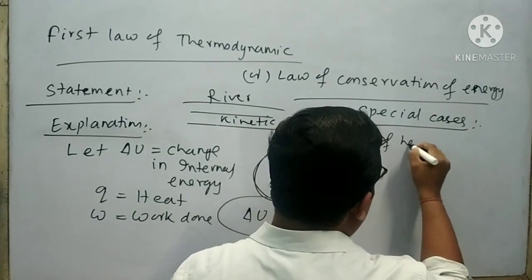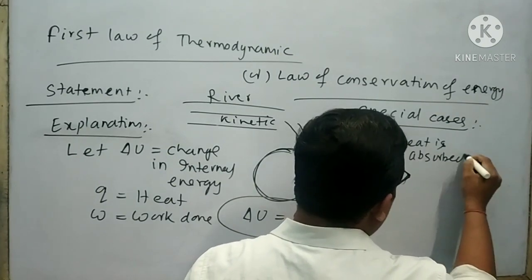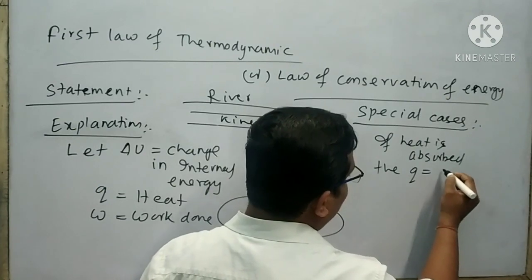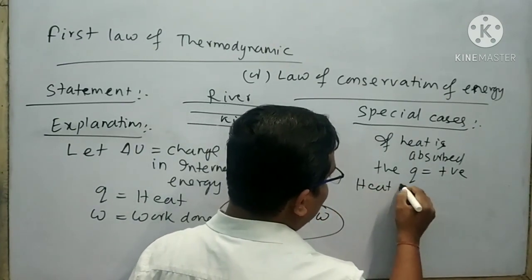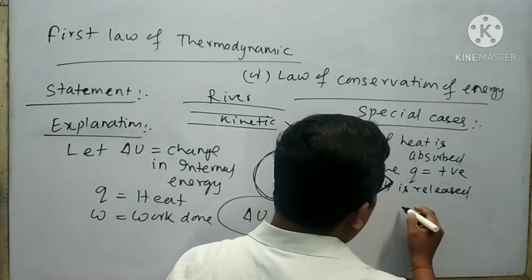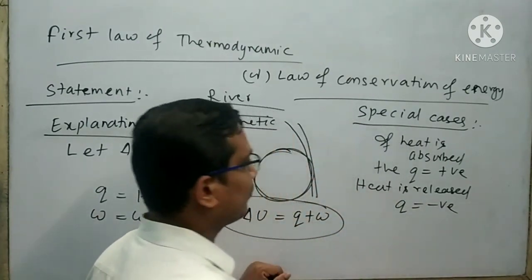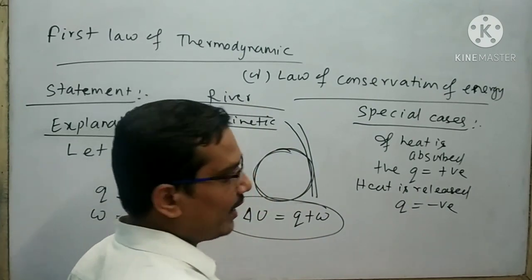If heat is absorbed, then Q is written with a positive sign. If heat is released, then the value of Q will be written with a negative sign. It is already discussed in the heat concept.